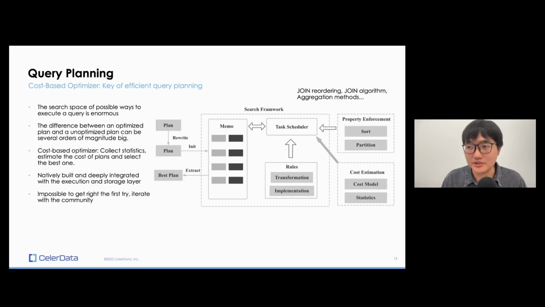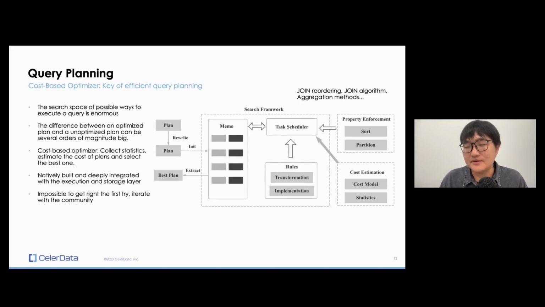Just for join reordering, it is exponential to the number of tables that you're joining together, right? And you have different types of join algorithms, and different types of join strategies on the network level, right? And subquery rewrite and a lot of different things. So the search space is enormous, right? And the difference between an optimized plan and an unoptimized plan can be several orders of magnitude.